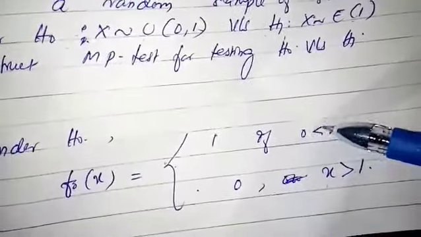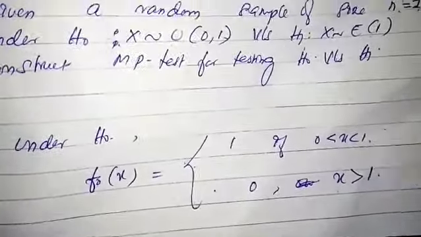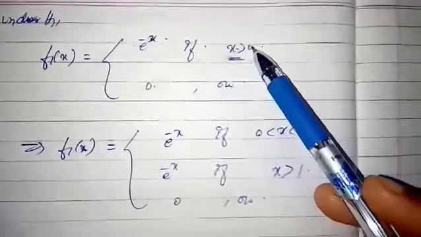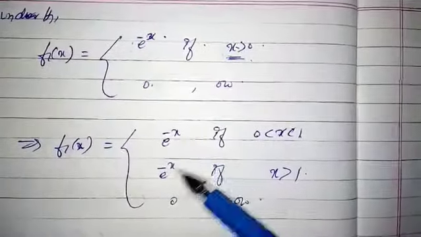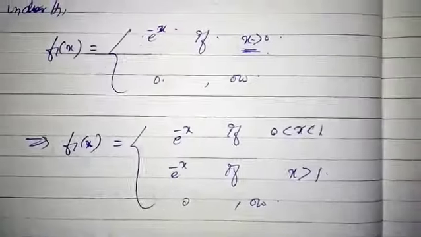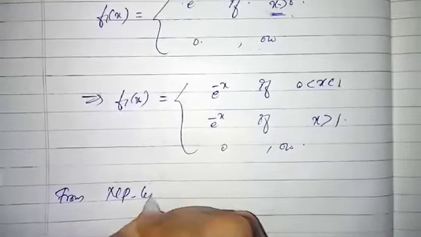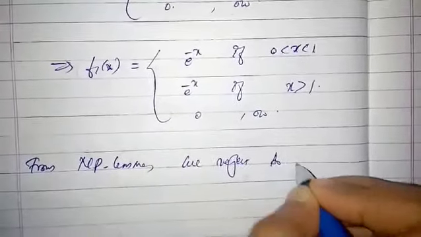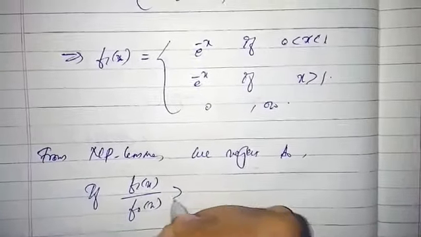Because f naught of x has the range 0 to 1 and x greater than 1, to take the ratio we have to write the ranges the same. Is it clear? Then from the Neyman-Pearson lemma, we reject h naught if f1 of x divided by f naught of x is greater than k.